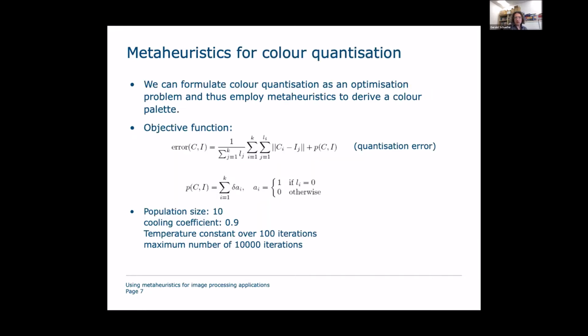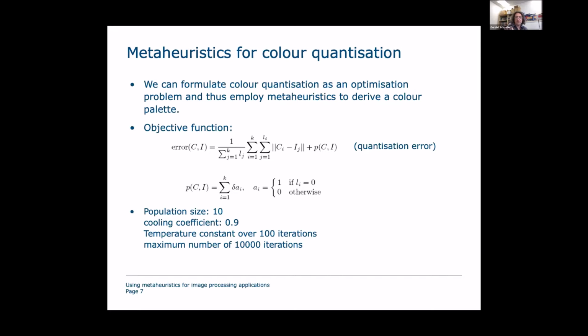So now, how can we use metaheuristics for color quantization? One of the nice advantages of metaheuristics is that they are essentially a kind of black box algorithm, so we can use them for a variety of problems. Essentially what we have to do is define what we call an objective function or a fitness function, and that's something we often have to do anyway for any kind of problem.